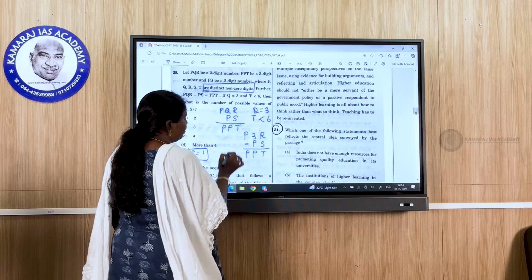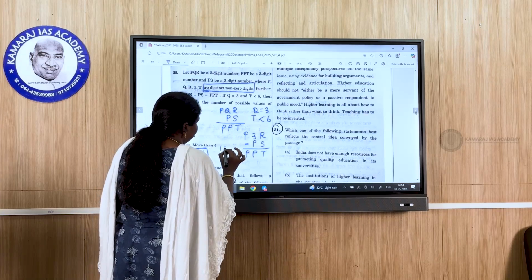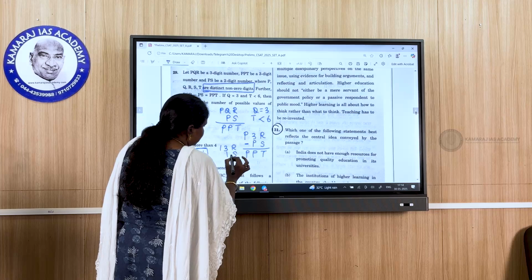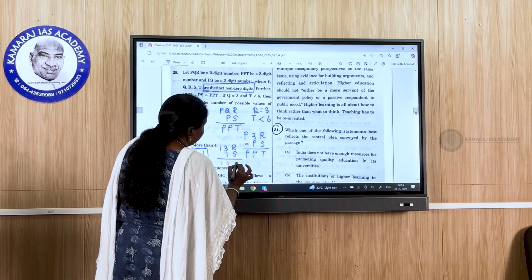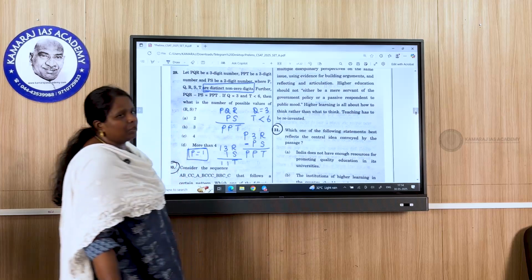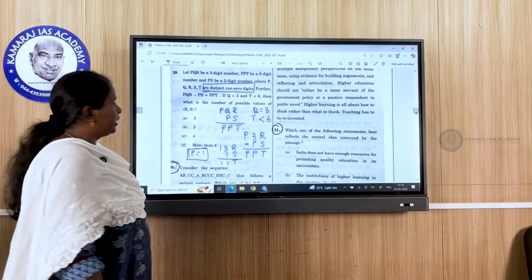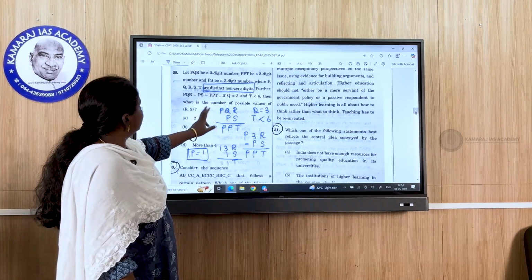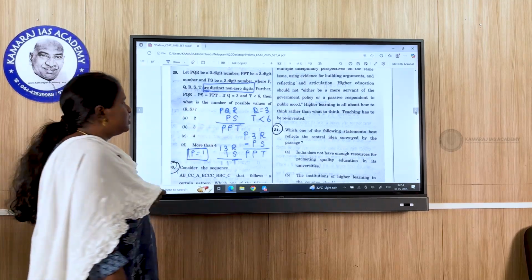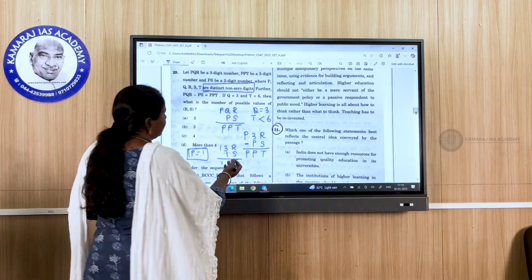So if I substitute P here, I will be getting 1, 3, R, minus 1, S, equals 1, 1, T. So with this, you can substitute different values of R, S and T, right? You can substitute and check. For example, what is the number of possible values of R and S, right? So what are the possible values you can get?